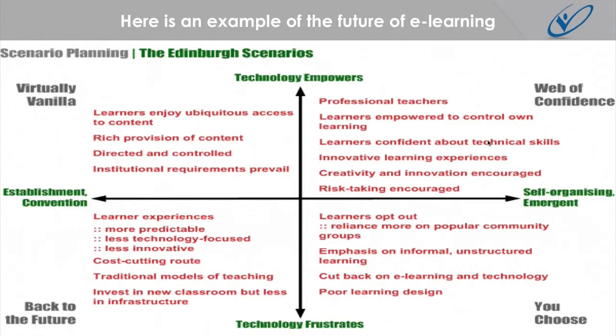Then they looked at whether it was very much about the establishment and conventional ways of doing things, or whether people would become far more self-organizing in the way they do things. They built 4 scenarios around those, and you'll see these in the slides that we send out. They call them virtually vanilla, web of confidence, you choose, and back to the future. That reflects each of those areas.